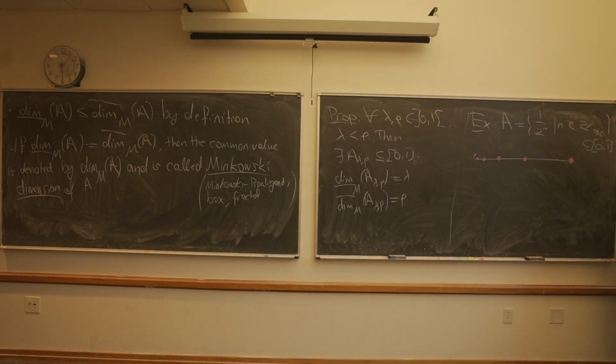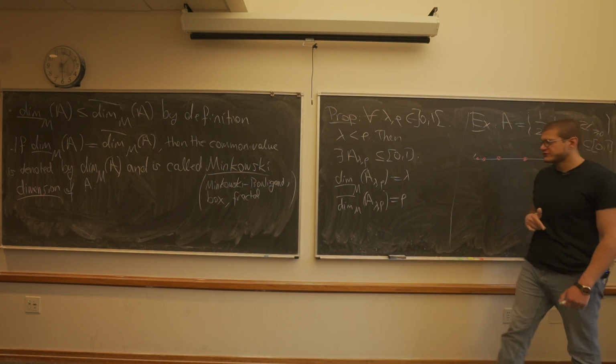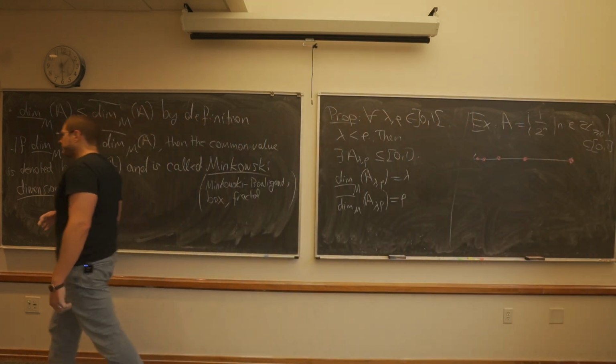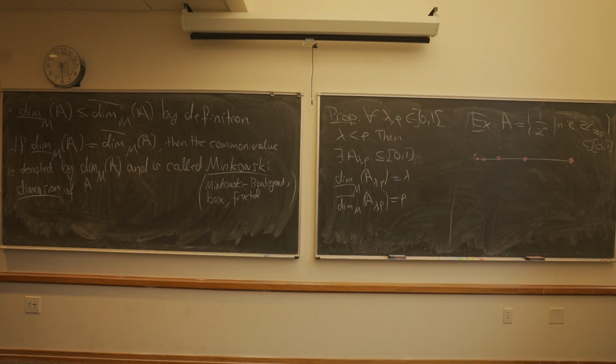Any guesses as to what the dimension should be? So you want to go back to that heuristic formula: log of the number of pixels divided by log of 1 over scale.